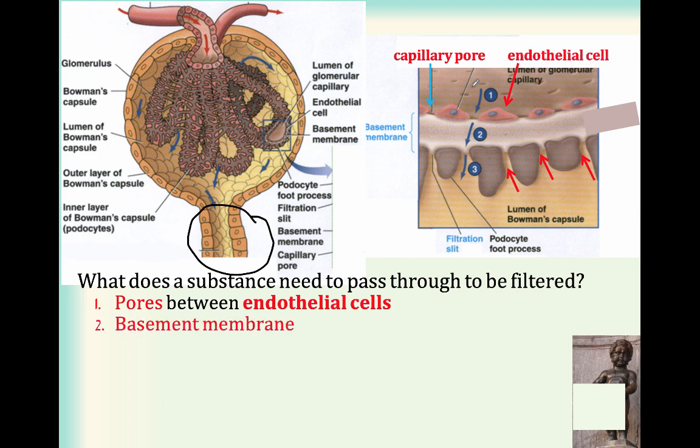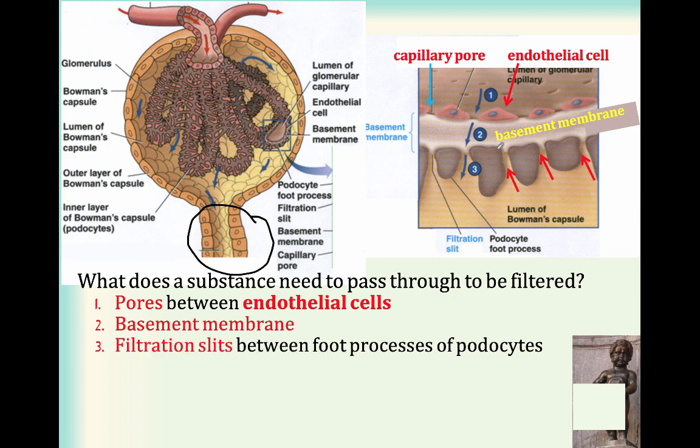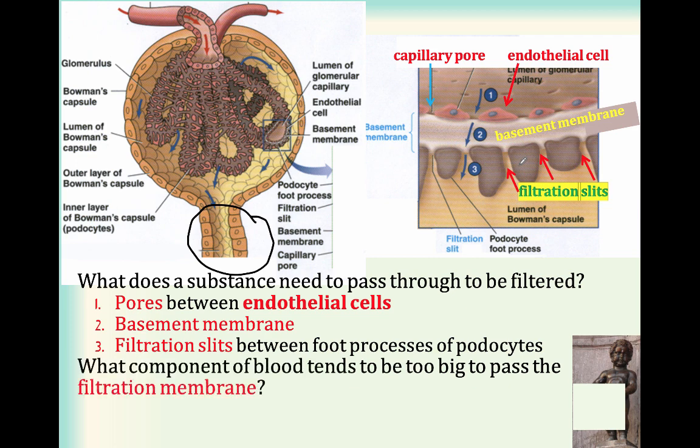And then we have that basement membrane, which relatively is thinner than what they're showing you here. And then finally, we have these filtration slits that exist between those foot processes of the podocytes. Again, these are interdigitating, and they could come from different podocytes. They're not necessarily the same podocytes.